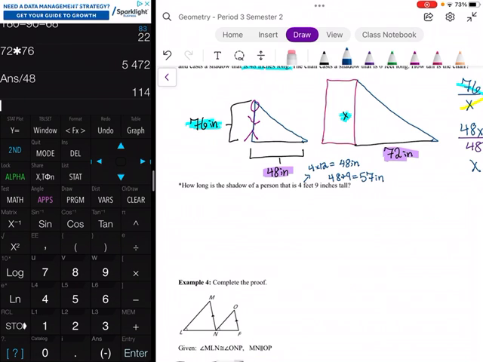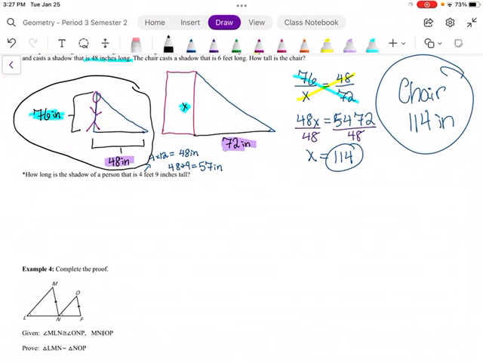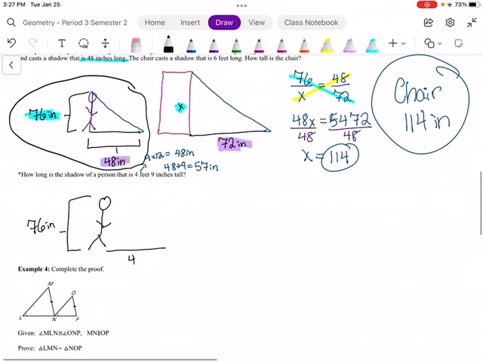Because we're using the same information from before, we are going to use this same triangle of the lifeguard. So if you want to redraw it, you can. And we have our lifeguard here, and we know the lifeguard is 76 inches, and their shadow is 48 inches, which gives us our triangle for our ratios.